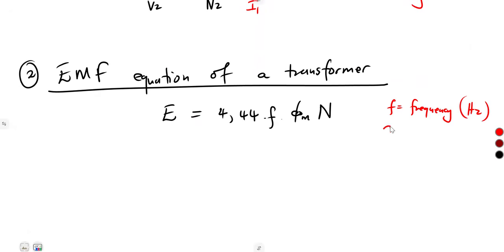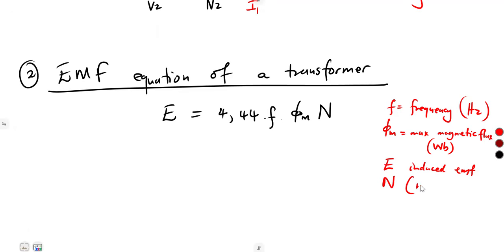And the maximum flux, our maximum magnetic flux, is measured in Webers, Wb. And E can be E1 or E2. Those are the induced EMF, which can be E1 or E2, with any number of turns.